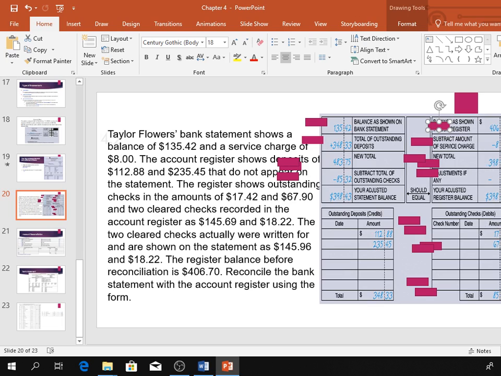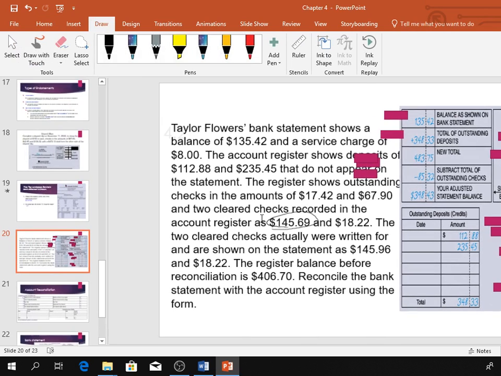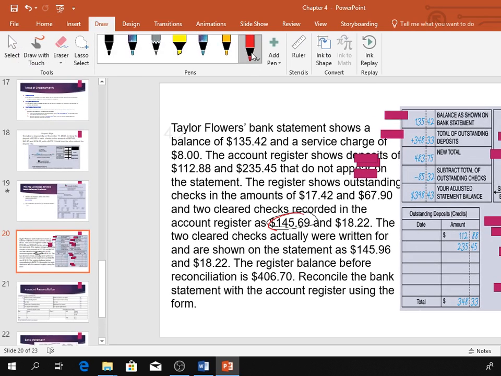Another thing that I don't think it captured in the last recording, the 27 cents right here, that's an adjustment. You can see the difference. This is the count, this is what was recorded in your register, so that's what you wrote down. The register is yours. And this is what the bank said it was.